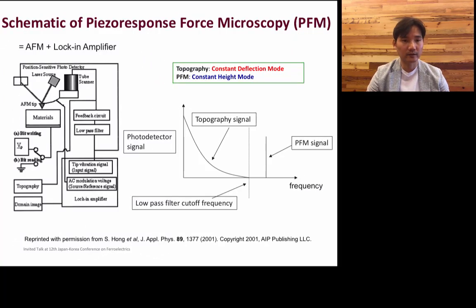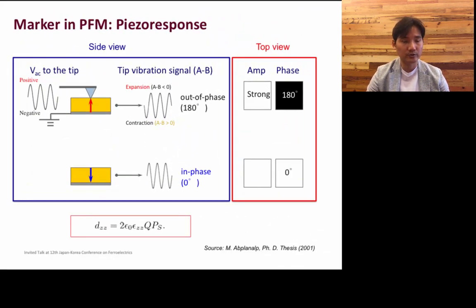So knowing that basic principle, now we don't have to worry about topography and can just focus on this high frequency signal induced by the AC voltage that we apply to the tip. The simplest system here is up and down domains, like in the case of PZT that we use for electric hard disk drive. If you apply AC voltage small enough not to perturb the state, then the up and down motion of your media will be translated to vibration of your tip.